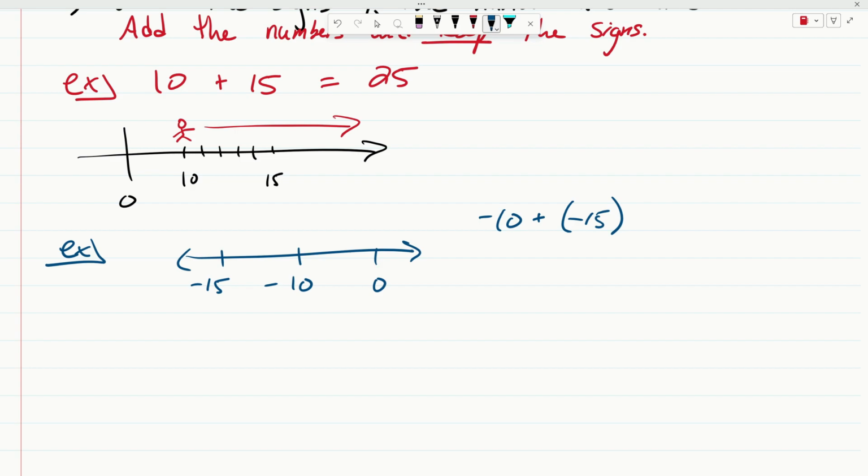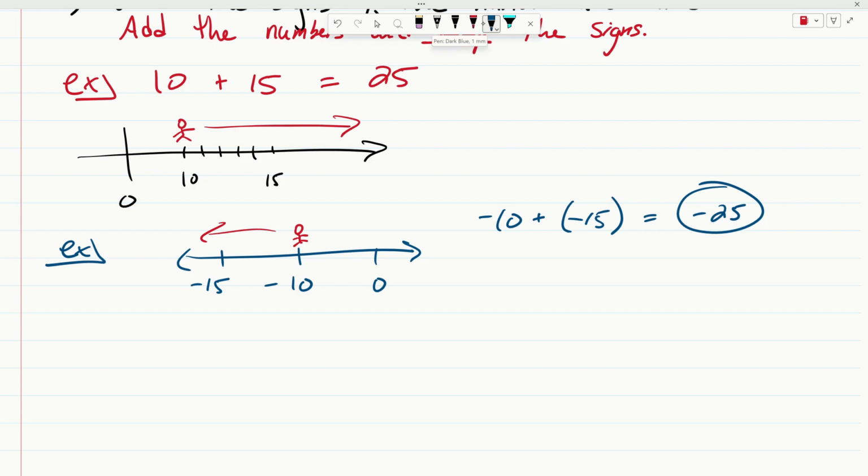Well, if you think about this, once again, you're standing at negative 10, but you're moving this direction. Now you're moving more negative. So negative 10 plus negative 15. Once again, though, the signs are the same. You add the numbers and you keep the sign. All right? So that's the most important part.